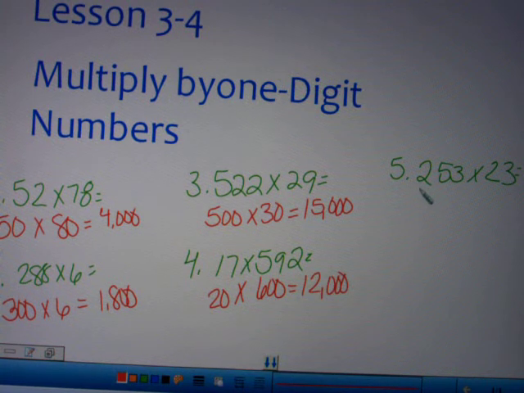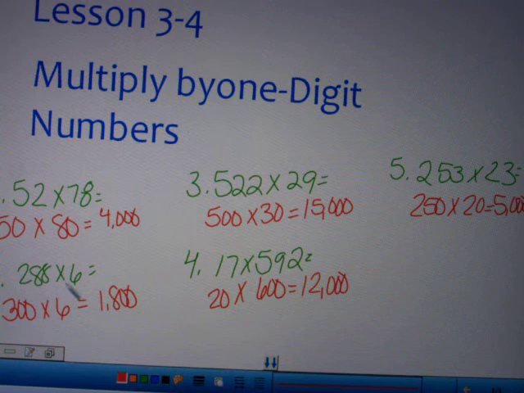And for 253 times 23, I could change that to 250 times 20, and that equals 5,000. Now, there's more than one way to resolve these.